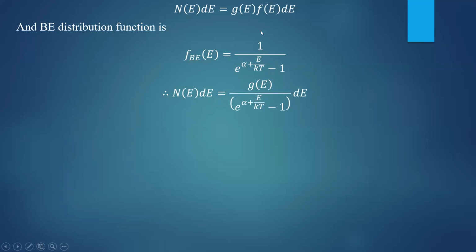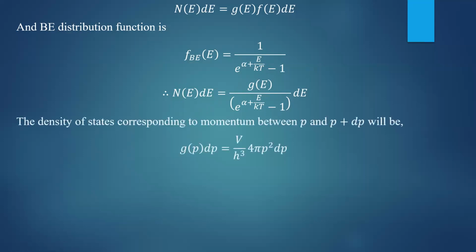If you substitute the distribution function, you will get N of E into dE equal to the density of states G of E divided by e to the power alpha plus E by kT minus 1, into dE. So this is the number of particles, or number of photons, having the energy E.